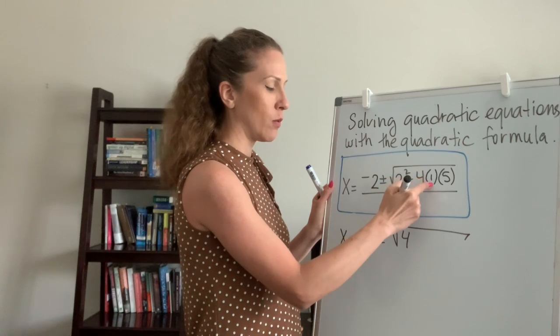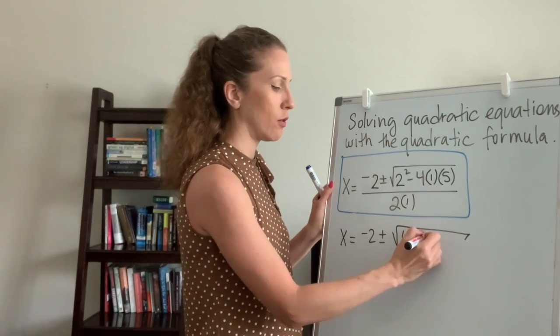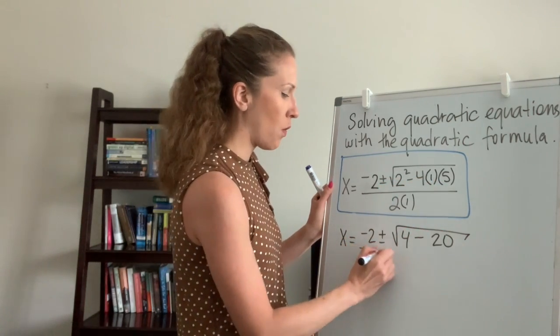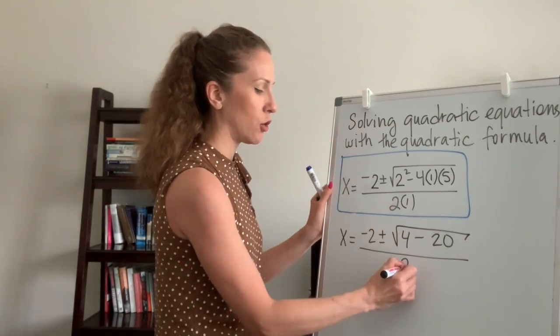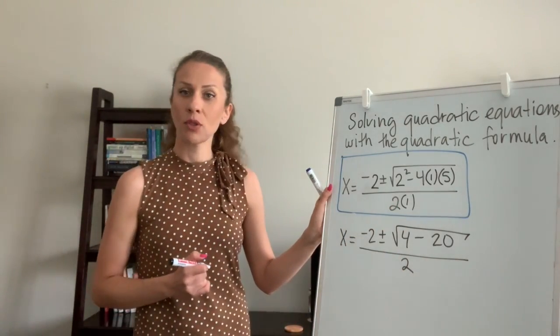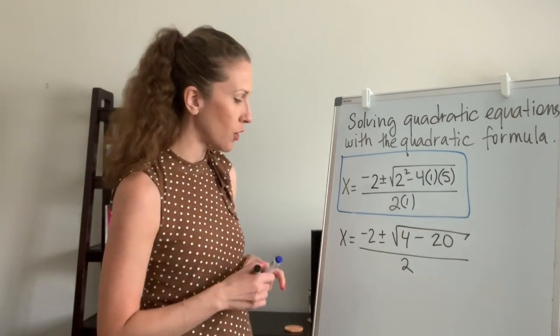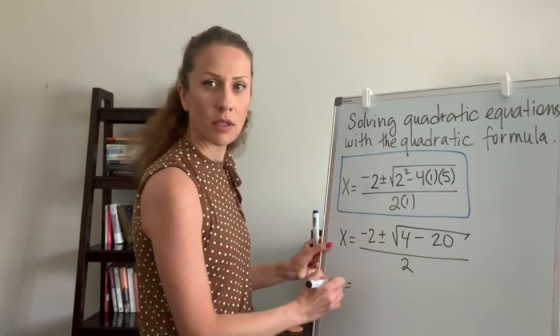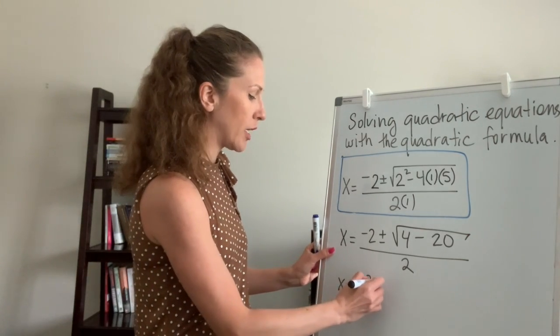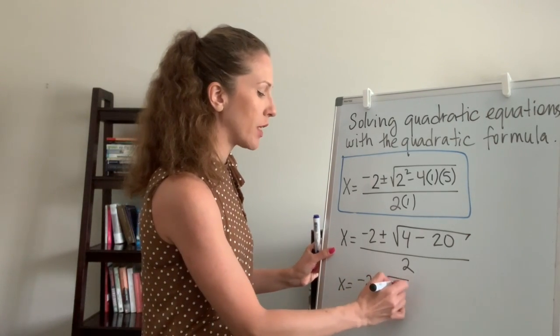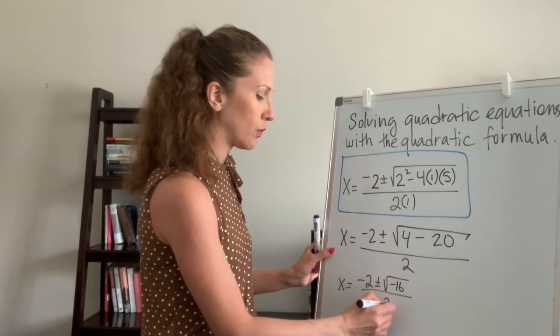And then 4 times 1 is 4 times 5 is 20. So 4 minus 20 all over 2 times 1, which is 2. So now I will do the subtraction under the square root. 4 minus 20 is negative 16. So we have x equals negative 2 plus or minus the square root of negative 16 all over 2.